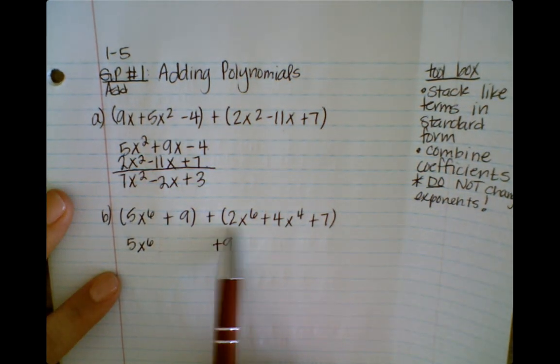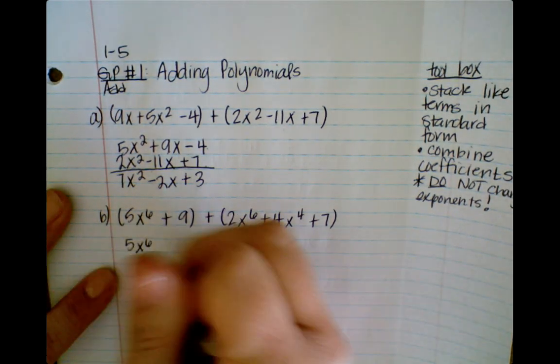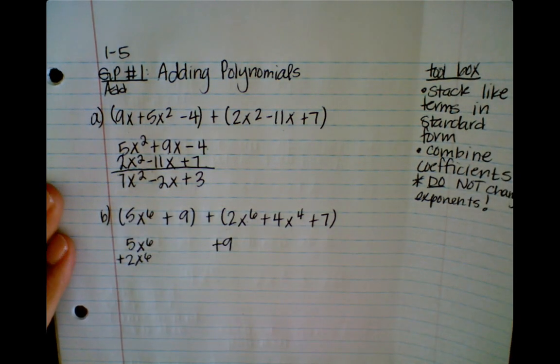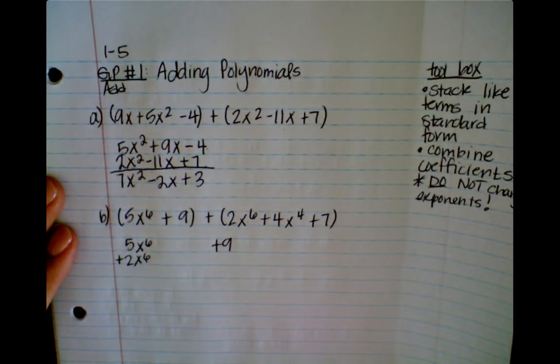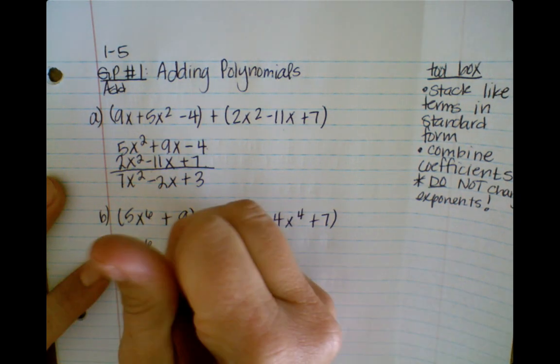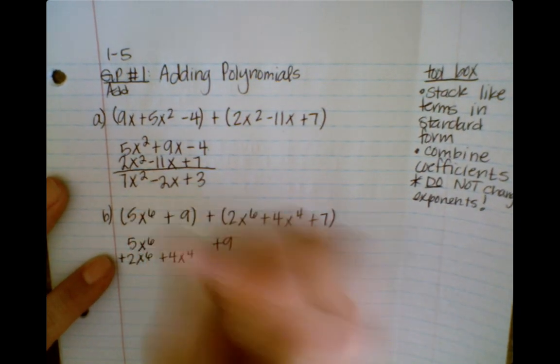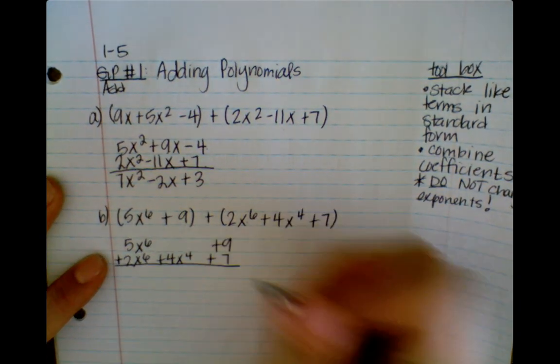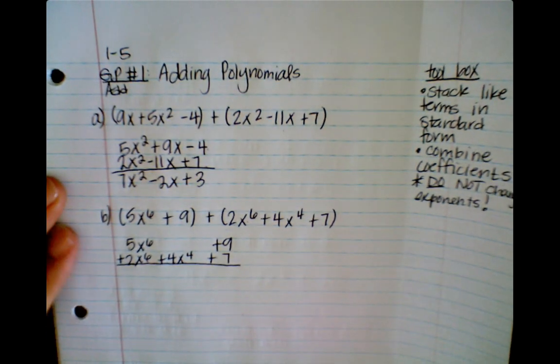So I'm going to stack my 2x to the 6th with my 5x to the 6th. And this is a positive, so I'm going to be adding it. Plus 4x to the 4th plus 7. I go through and combine my like terms, combine my coefficients.